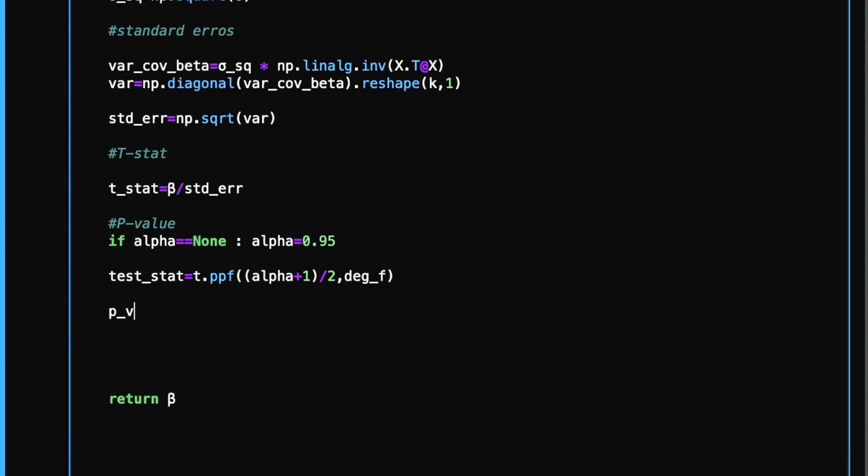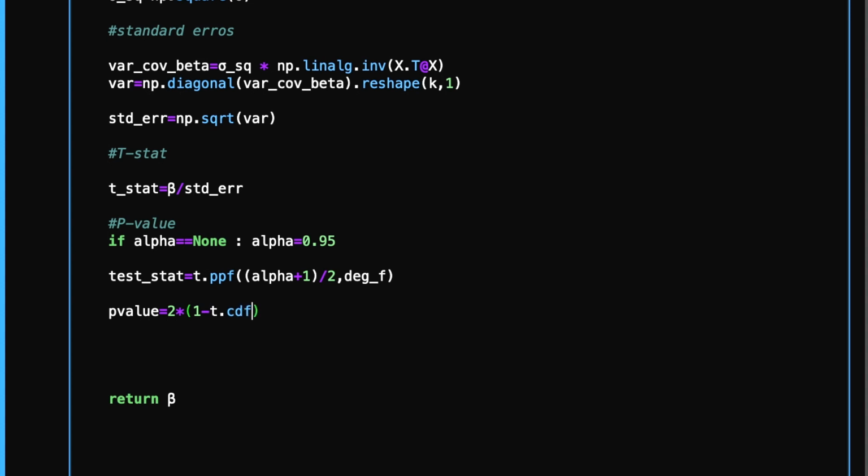And now the p-value is equal to, so we're doing a two-tailed test by default, so the p-value will be based on the two-tailed test. So I'm going to multiply 2 with it, and then 1 minus the CDF of the t distribution.